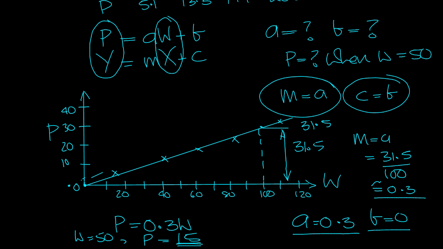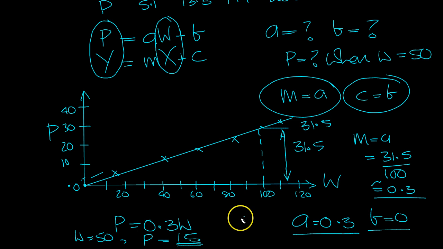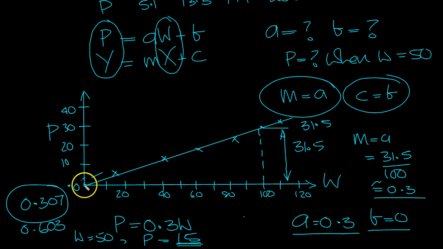Okay, so the solutions, let me just have a quick look for question 4, see how close I am to the answer. It's 0.307, which is not too bad for my inaccurate attempt at plotting a graph. And the intercept they've got is 0.603. So I'm quite way out here. They've actually made it above 0.